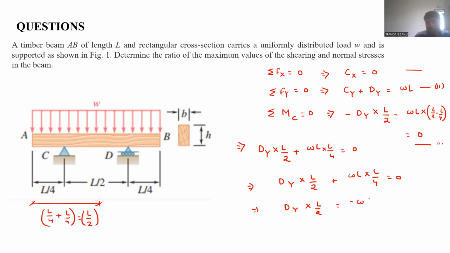So we will end up getting this. So now Dy will be equal to minus WL square by 4 upon L by 2. So one L will get cancelled out and it will be minus WL by 2. Till this point, is it clear to everyone?